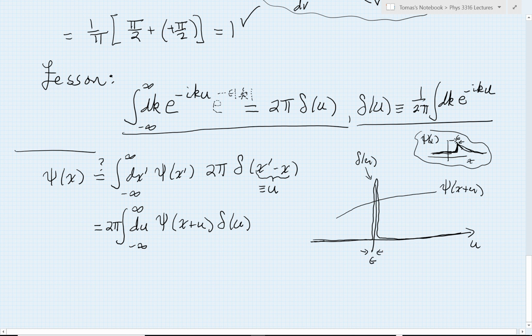Now, the next piece of my argument is to notice that, okay, outside the peak, outside this range, it doesn't matter what the value of psi is because it's being multiplied in my integrand by this function here that's essentially 0. So I only really have to concern myself with the value of psi in this tiny region that goes across my peak.